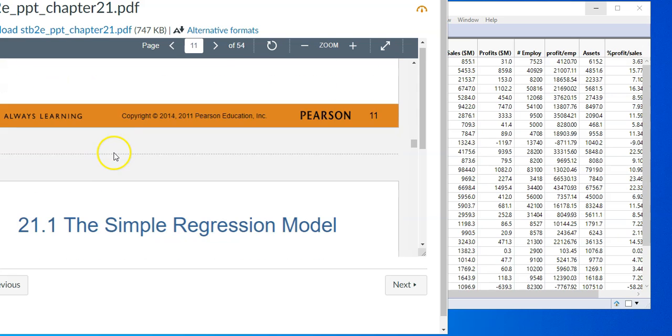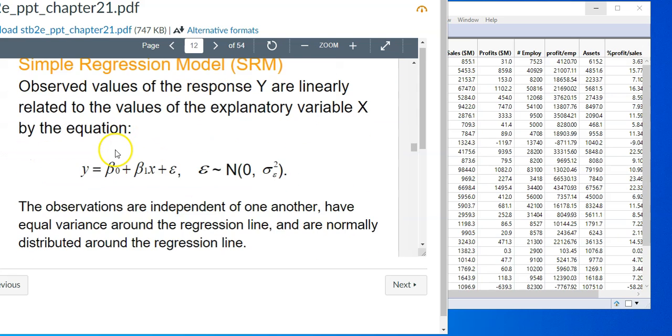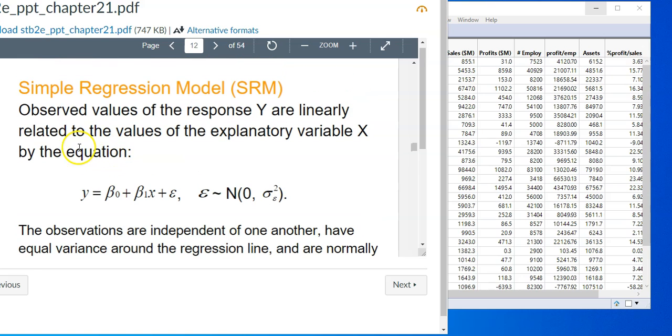So let's move down here. I told you the left hand side, the response variable or dependent variable, is an estimation, right? Why is that an estimation? Because errors are involved. Now if we add error on both sides, the left hand side, instead of being an estimation, will become exact.